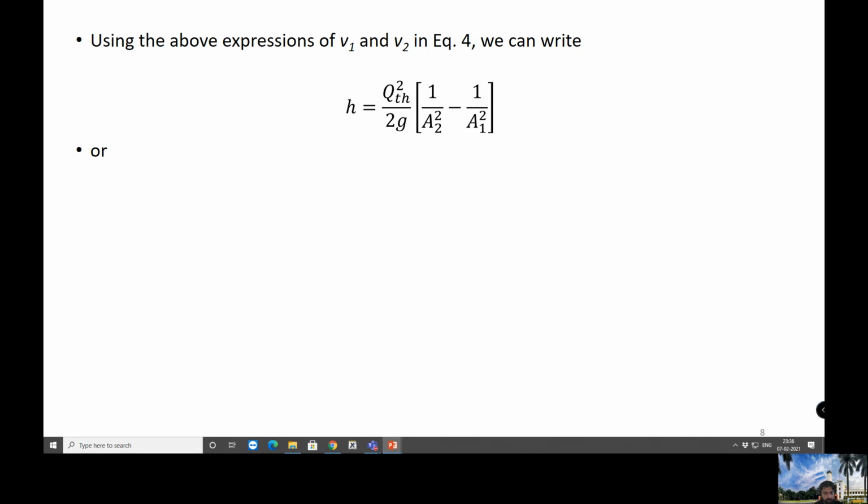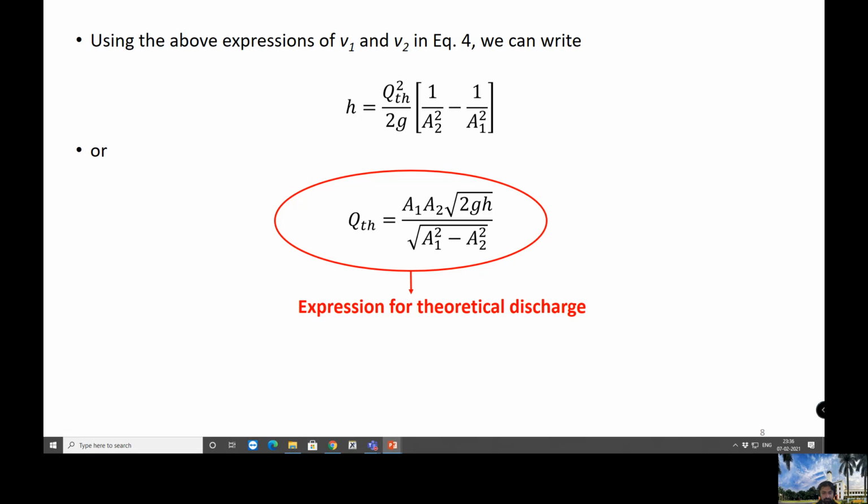Simplifying it further in terms of Q theoretical, we get Q theoretical is A1 A2 under root 2gH divided by under root A1 square minus A2 square. This is the theoretical discharge. This is very important. You will be using this also in your experiments.